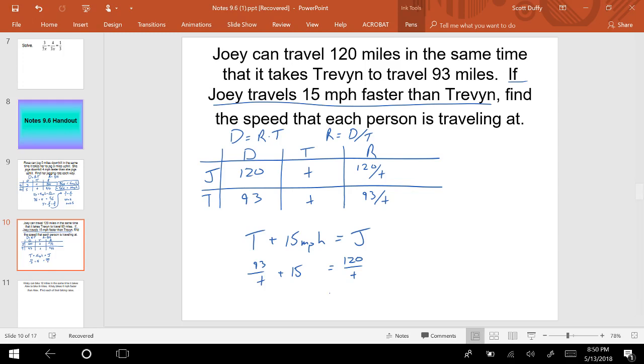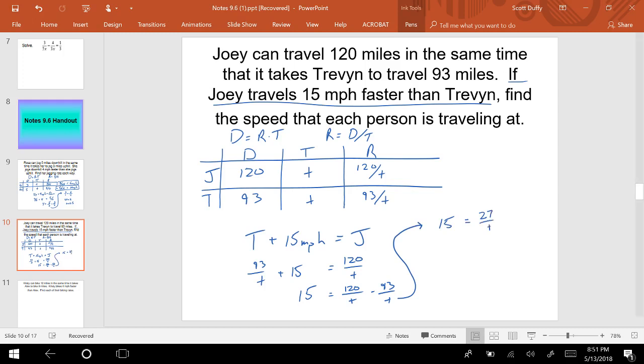Next thing I'm going to do is take this fraction over to the other side, so I can get the 15 by itself. So 15 is equal to 120 over t minus 93 over t. Keep moving here. 15 is equal to 27 over t.